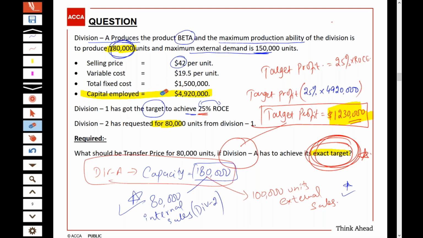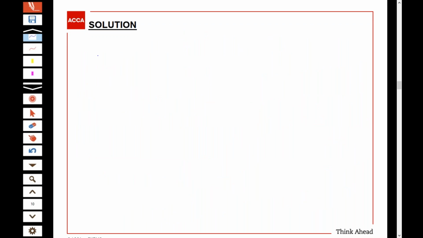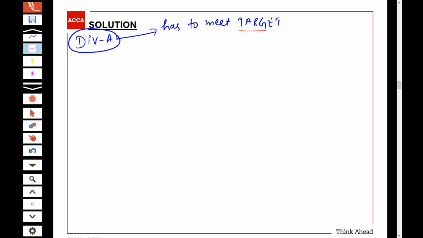Okay. Now see, what am I doing in my next slide? Just see. Don't try to copy, please. Division A has to meet the target. And what is the target? Sir, it's a profit of 1,230,000, which I had calculated.